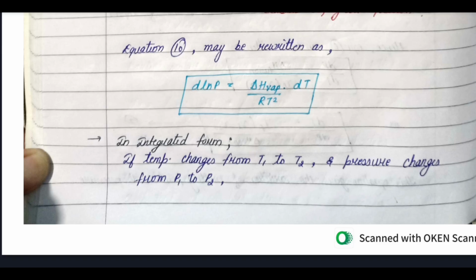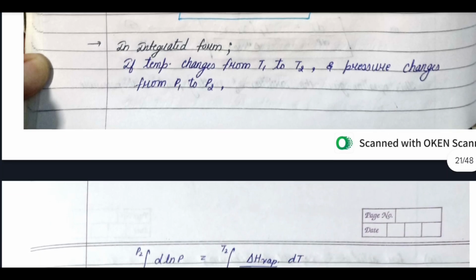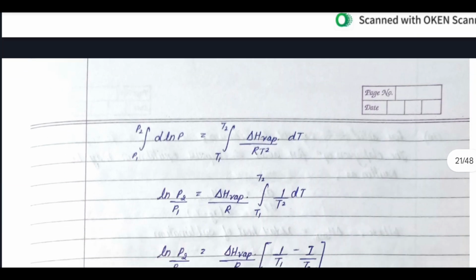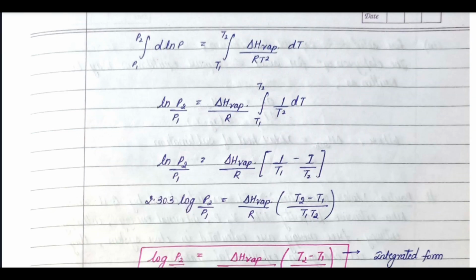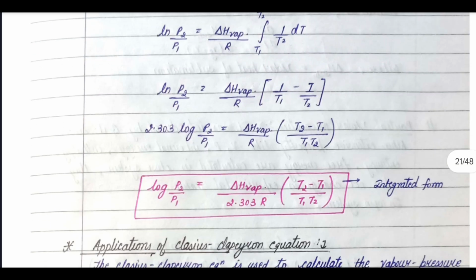In integrated form, if temperature changes from T1 to T2 and pressure changes from P1 to P2, so integration from P1 to P2 of d ln P equal to integration with limits T1 to T2 of delta H vaporization by RT square into dT. So ln of P2 by P1 is equal to delta H vaporization by R into (1 by T1 minus 1 by T2).